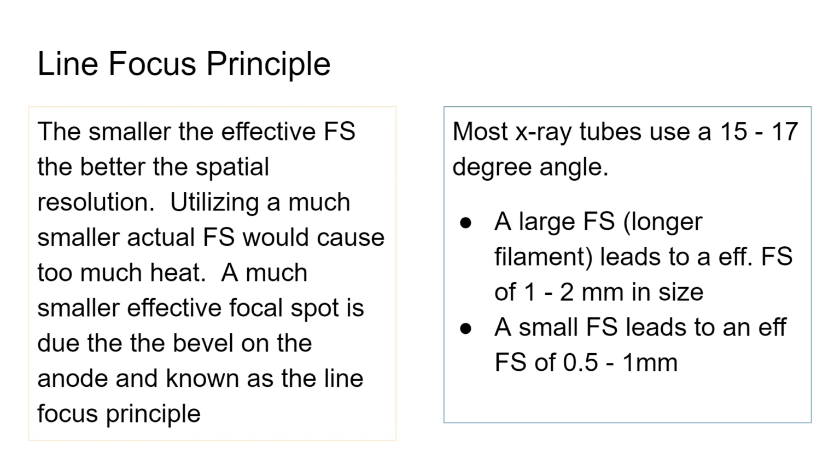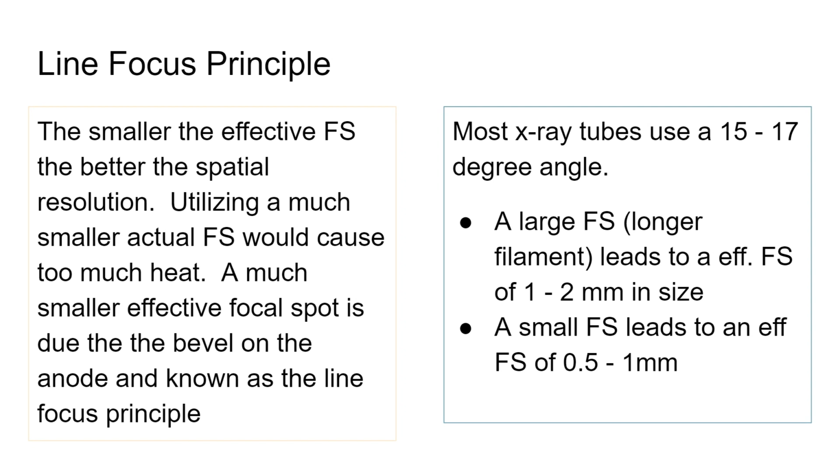But a lot of heat, right? Because we'd be concentrating the beam on a much smaller part of the anode. And even though the anode is spinning around, theoretically, we're just still going to get more heat. So that's a problem.